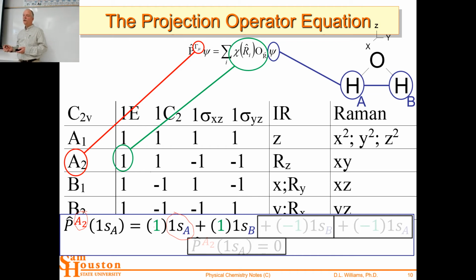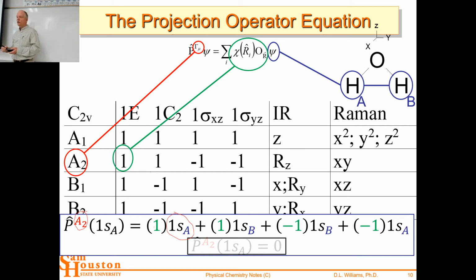So under C2 for the second row, we have a +1. Under the sigma xz, we have a -1, 1sB. And then under the sigma yz, we have a -1. So look what happens on this one. I get a +1sA and a -1sA, a +1sB and a -1sB. So this tells me there's no way to combine these two atomic orbitals in this point group with the A2 symmetry.